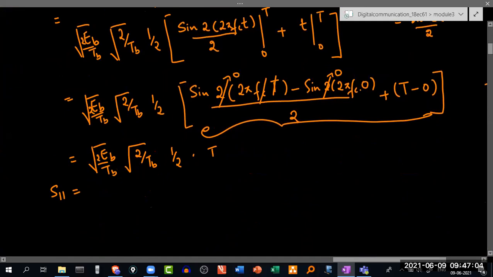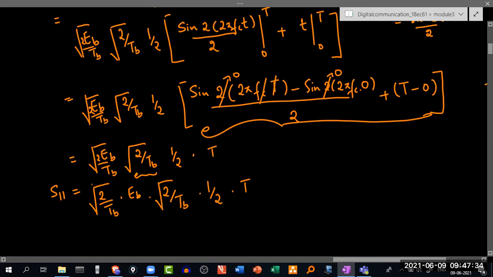Now over here, I can again divide this square root term as square root of 2 by Tb into Eb. In turn, this term square root of 2 by Tb into half into T over here.